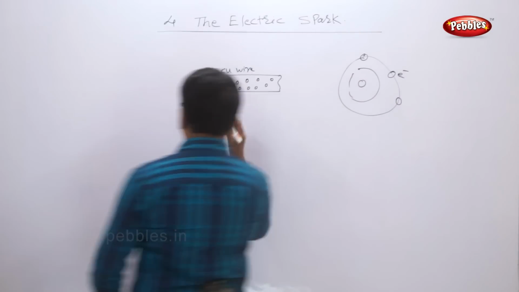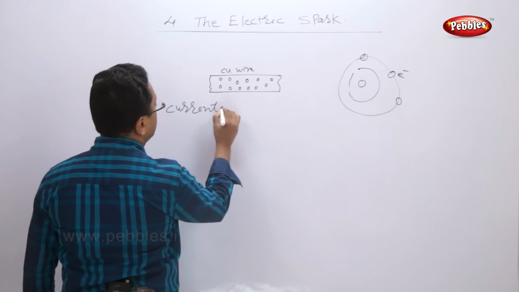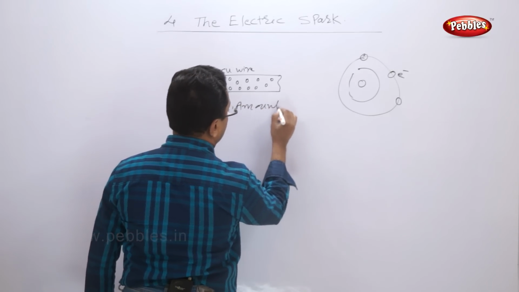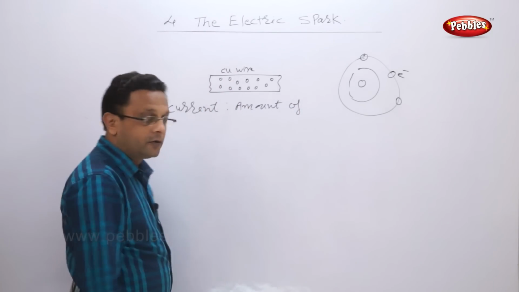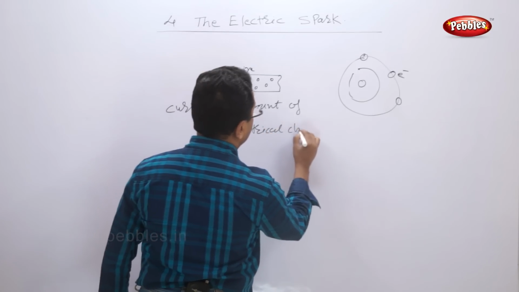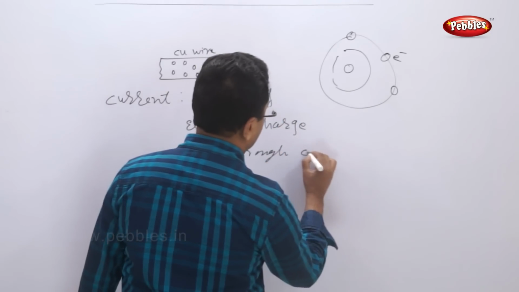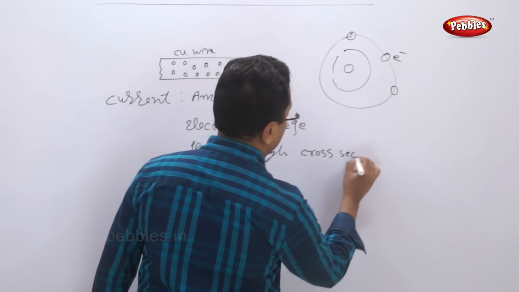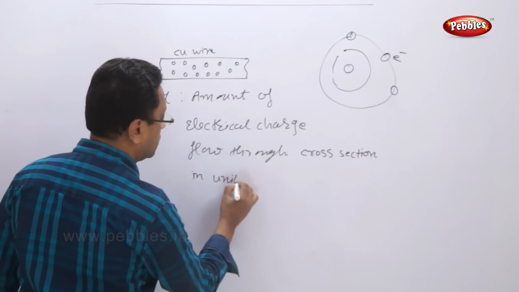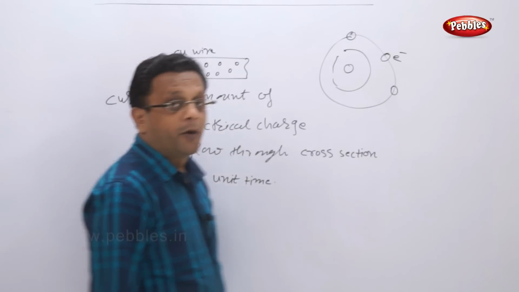Current is the amount of electrical charge flowing through a cross section in unit time. These are the perfect definitions.